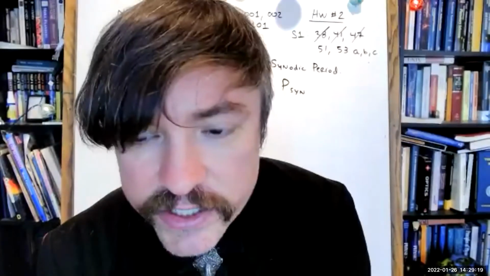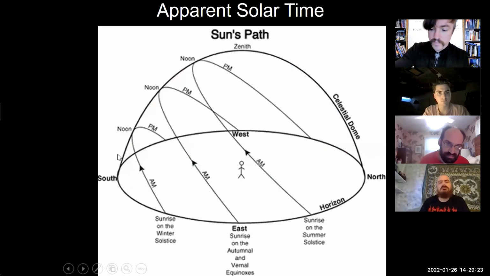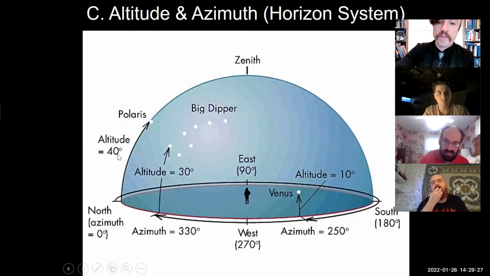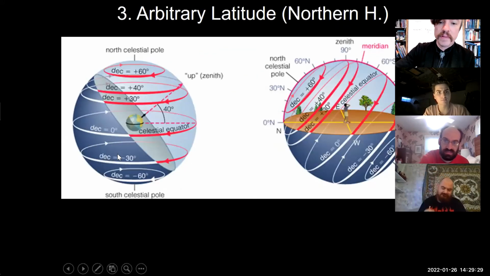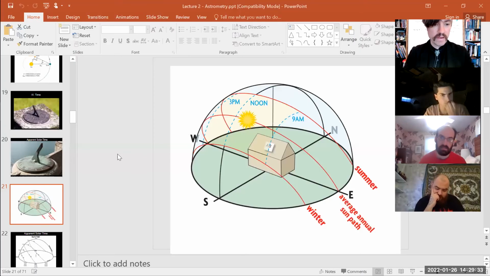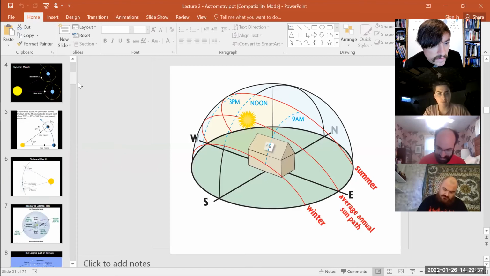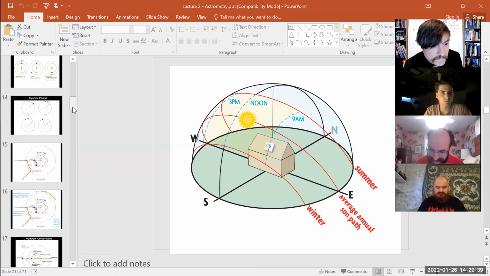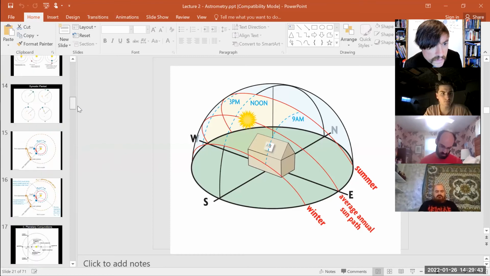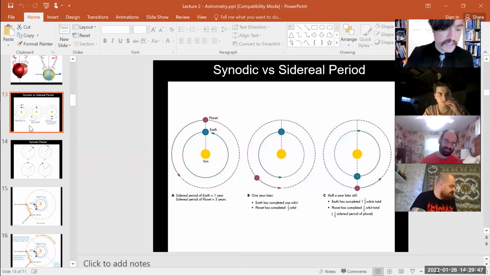Let's take a look at my slideshow for a second. Earth makes a different orbital period around the sun than the other planets. I guess I can do slide 13.